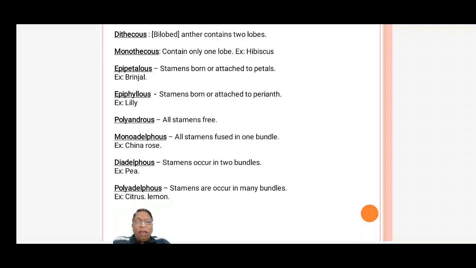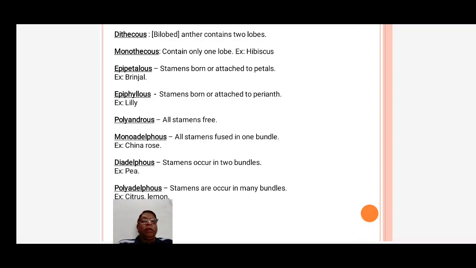Such stamens are called polyadelphous stamens. Example, lemon, all citrus plants. Polyadelphous. Okay.